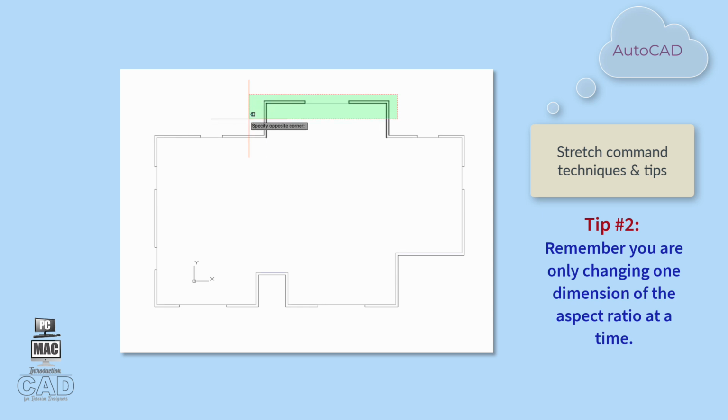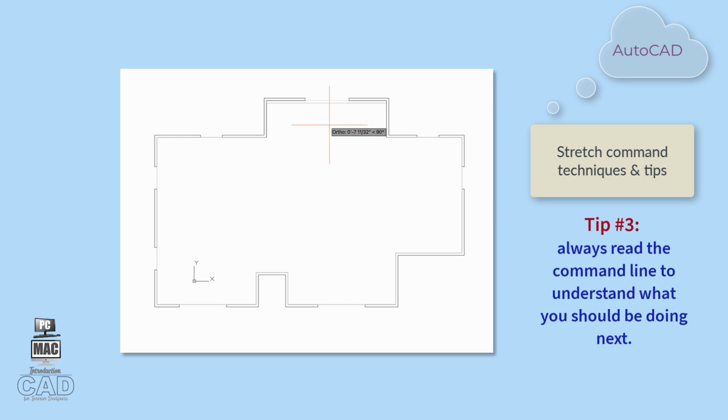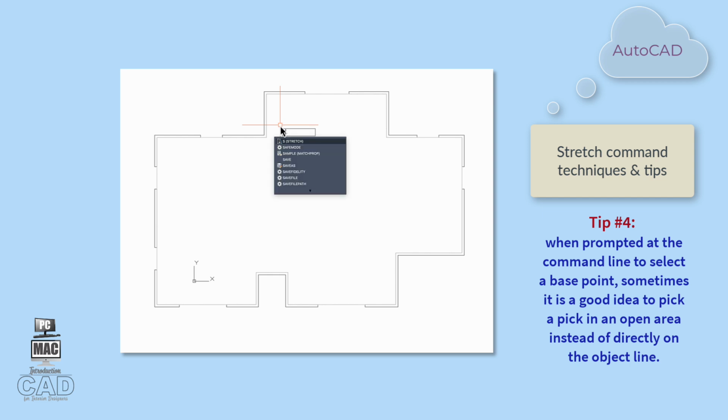In this instance, I am increasing the depth of the small area, but not the width. Notice the crossing box only intersects the vertical lines, and the horizontal lines stay intact within the selection box. Tip number 3. Always read the command line to understand what you should be doing next. Tip number 4.